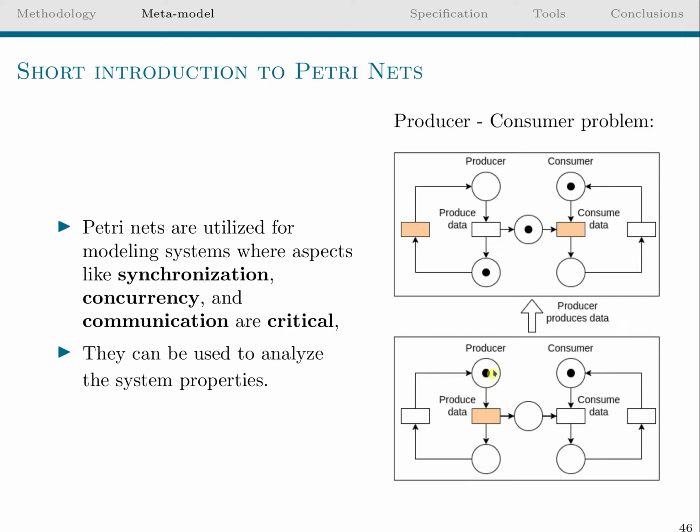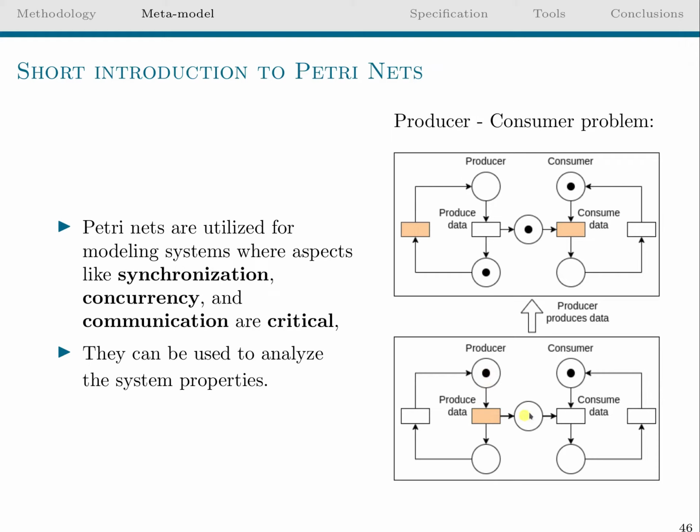So this edge has the weight 1, because by default, whenever there is no value associated with the edge, it means that its weight is 1. It means that in order to enable this transition and make it fire, it requires a single token from the input place.